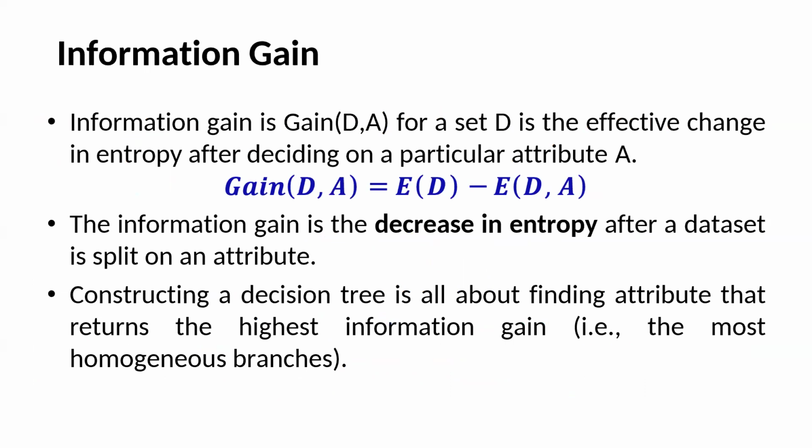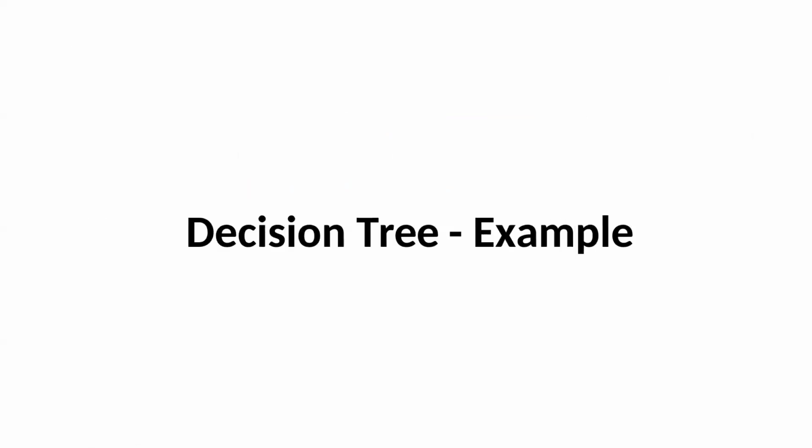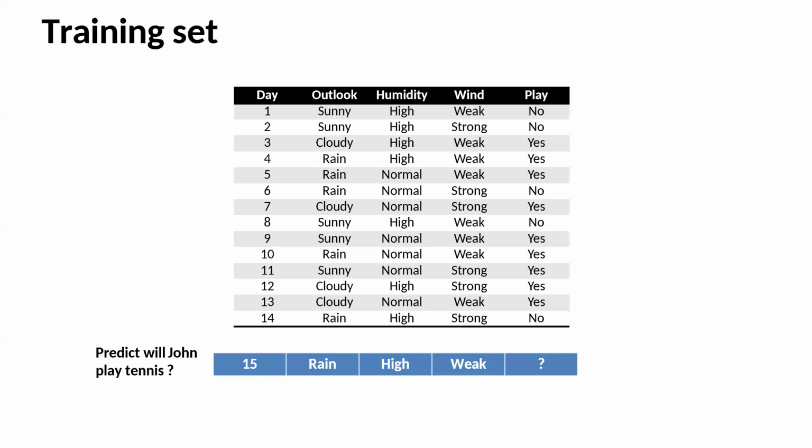Information gain is where you calculate the difference between the entropy of the whole data set and the entropy of the individual attribute. Now the decision tree example. Let us consider this is your training data set that you are going to use to train your model.